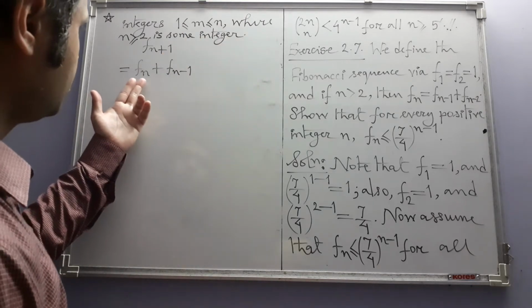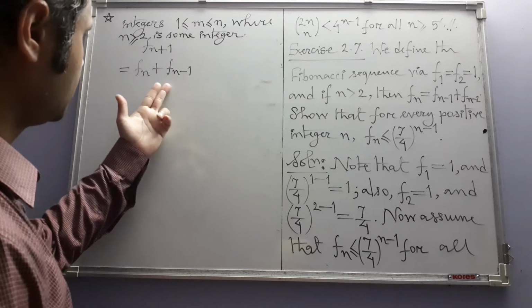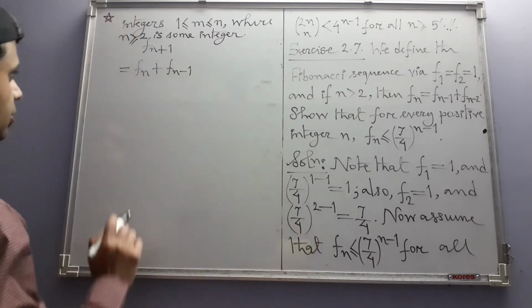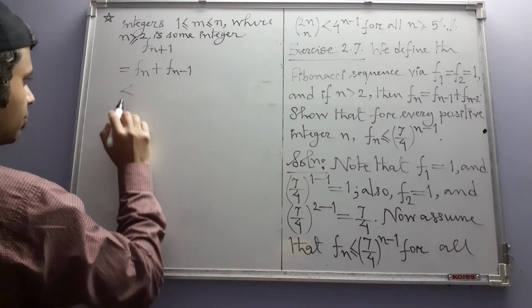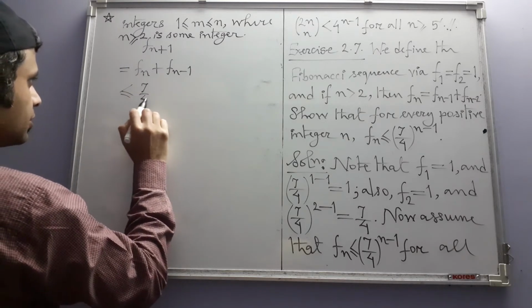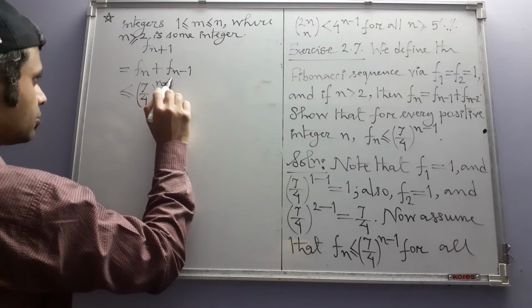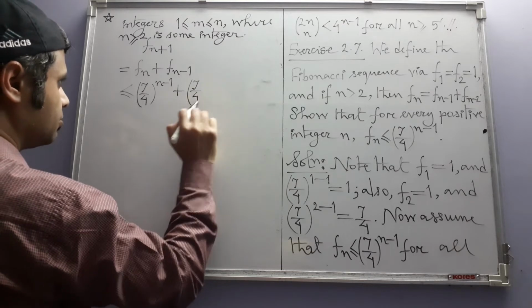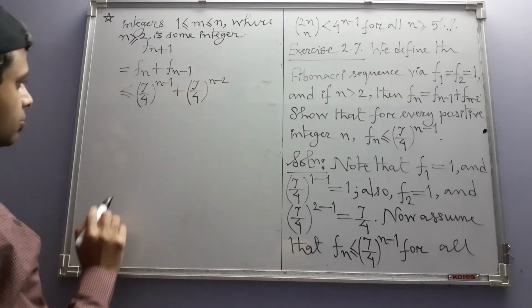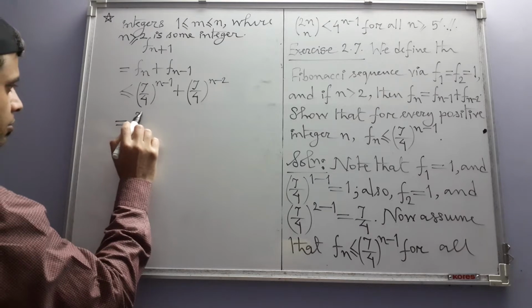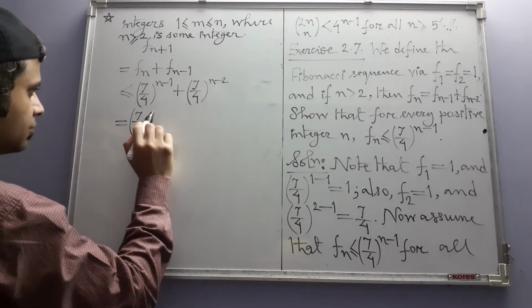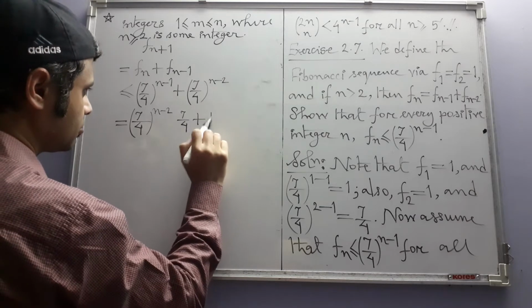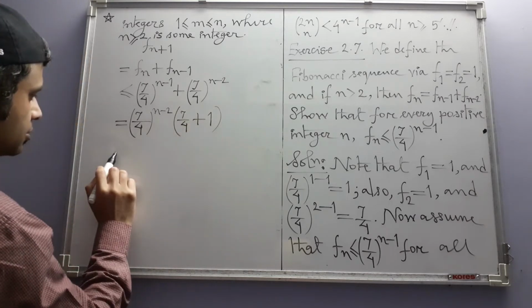So for m equal to n and m equal to n minus 1, we can apply these inequalities. The first term is less than or equal to 7 divided by 4 to the power n minus 1, and the second one is less than or equal to 7 divided by 4 to the power n minus 2. We can take 7 by 4 to the power n minus 2 common out. That will leave us with this.